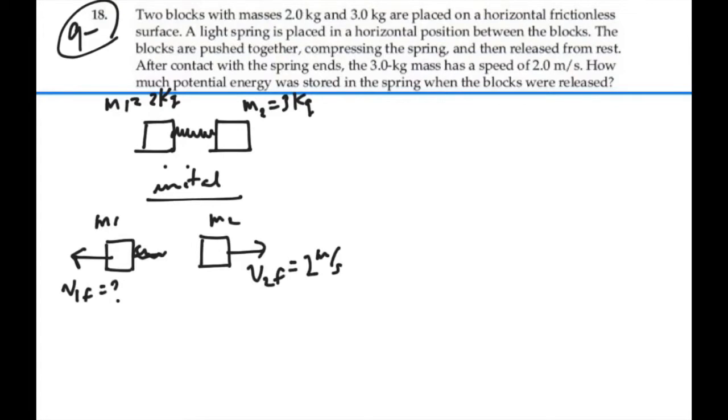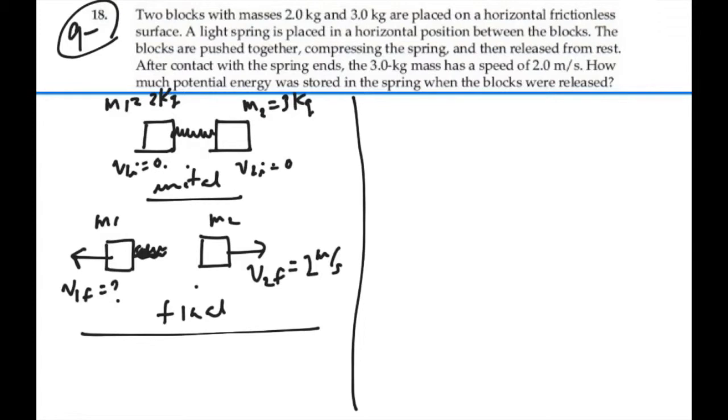Initially both of these had zero velocity, so v1 initial was 0, v2 initial was 0. It had stored energy in the spring, and that's what we want to find out. So this is the way things look finally.